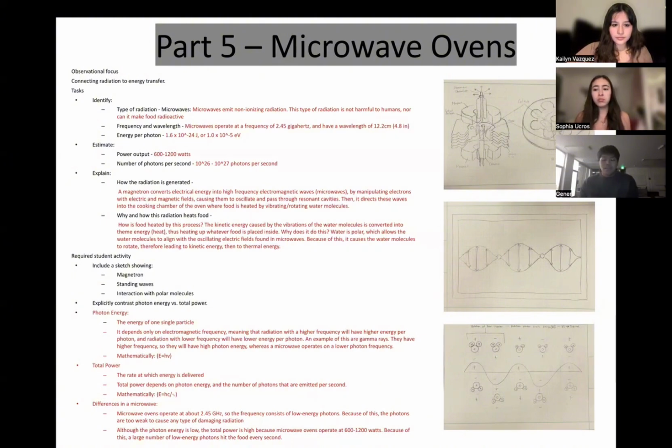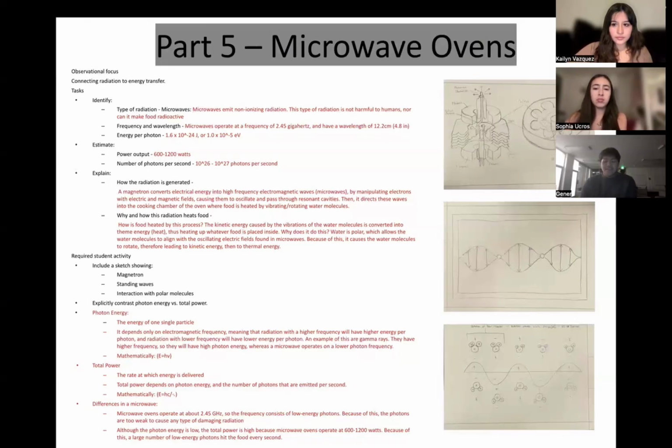food. Most microwave ovens operate at a frequency of 2.5 gigahertz, which corresponds to a wavelength of about 12.2 centimeters. The energy of a single photon depends on the frequency of the radiation, according to the equation E equals h times ν.